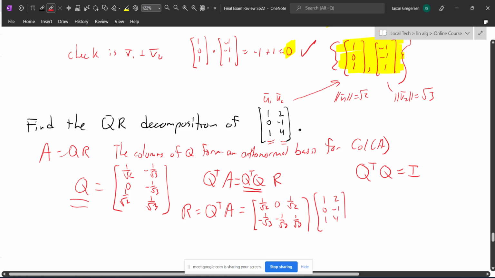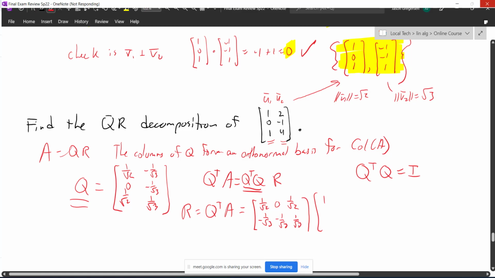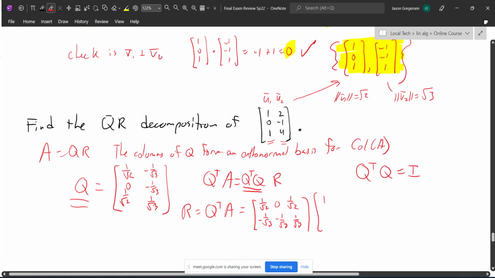Now this calculation looks pretty ugly, but as long as I haven't tried to oversimplify any of my denominators, the multiplication is really not too bad. So in this case, if I took this row dotted with my first column, I'm really just going to get the square root of 2 as the common denominator and 1 plus 1 in my numerator.